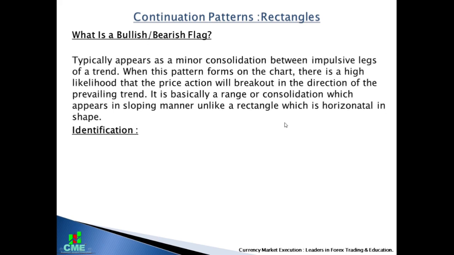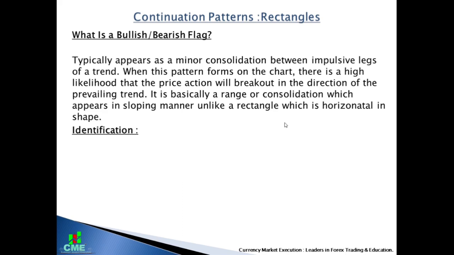So what is a bullish or bearish flag? I did tell you that to me, rectangles and flags are the same thing. This is what I mean. You might trade it differently, but for me, they are the same. It typically appears as a minor consolidation between impulsive legs of a trend, like a rectangle.